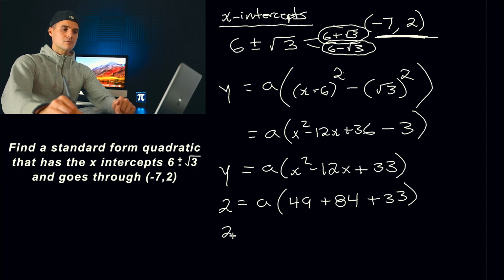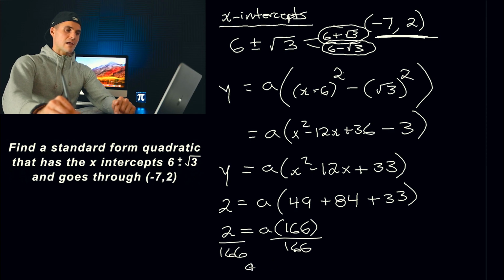So 2 is going to be a times 49 plus 84, that's 133, plus 33, 166. Divide both sides by 166. So the a value is basically 2 over 166, which simplifies to 1 over 83.